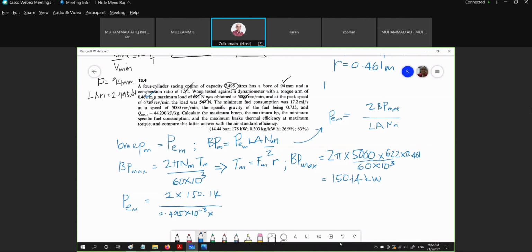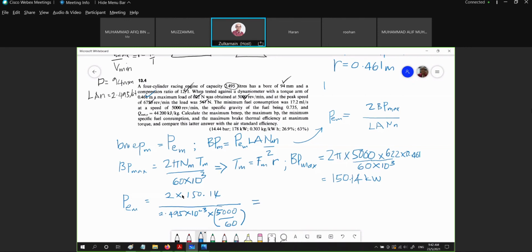N kita adalah 5,000. 2 dah ada, cuma kita bagikan dengan 60. So kita bagi dengan 60, saya dulu buat macam ni lah jangan kita confuse. Mana datang 60 sini 60. Okay, tengok macam ni.